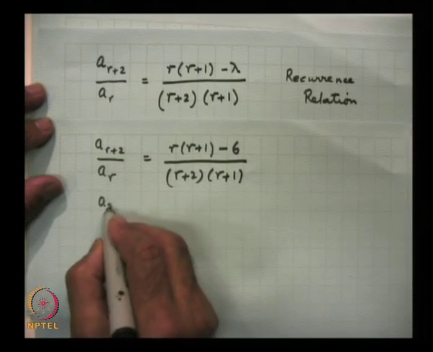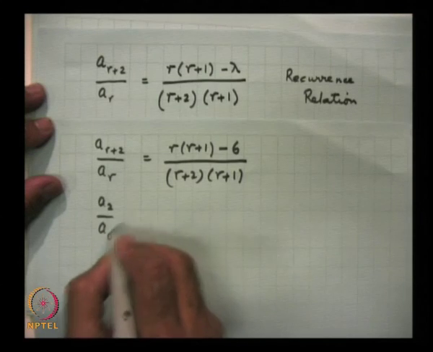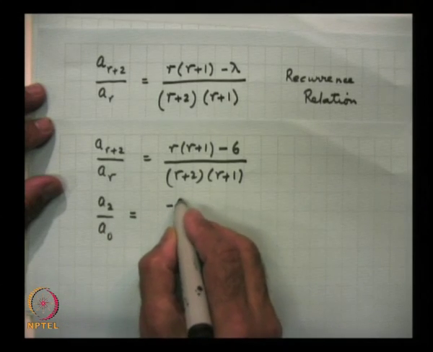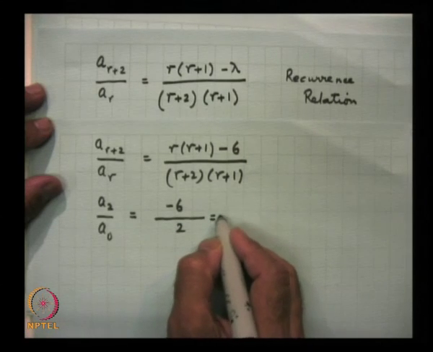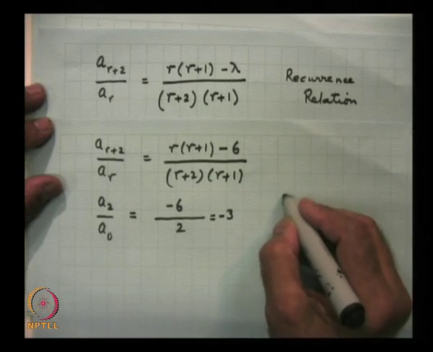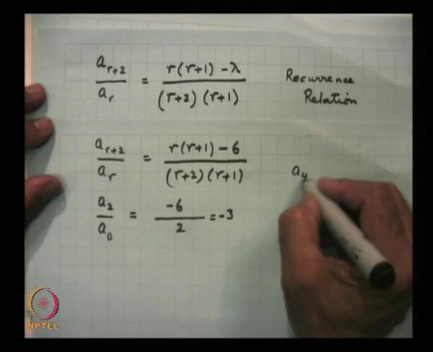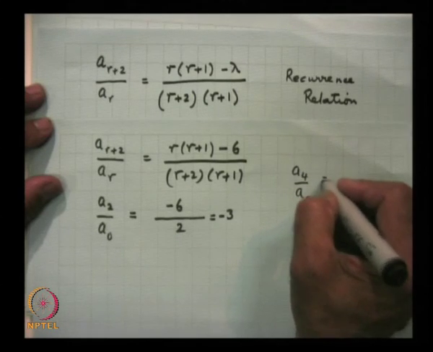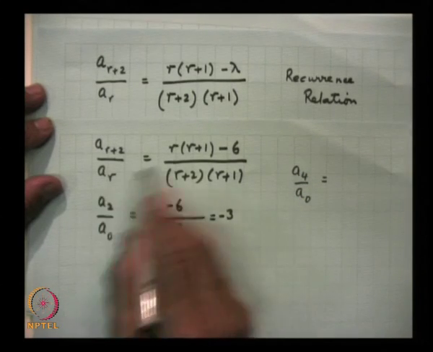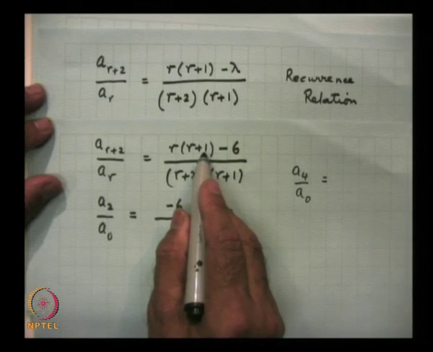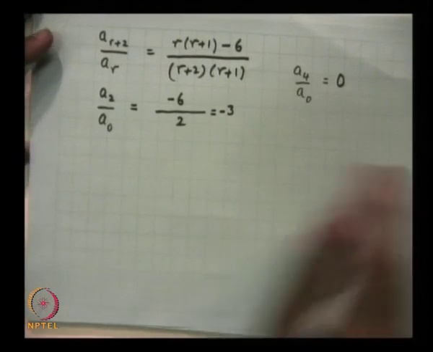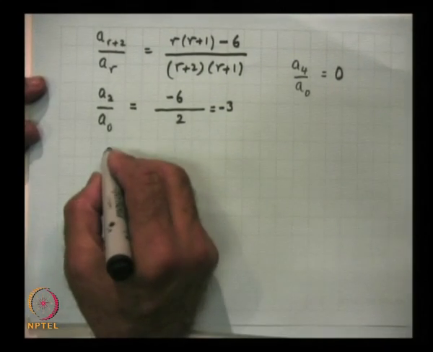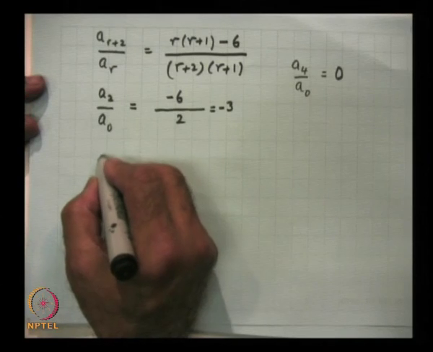So, a2 by a0, that is r is 0, this becomes minus 6 over 2, so this is equal to minus 3, and a4 by a2 will be, r is 2, so 2 into 3 is 6 minus 6, so this is 0. Therefore, the even series will become a polynomial.